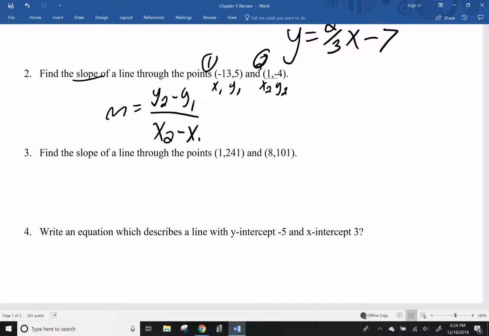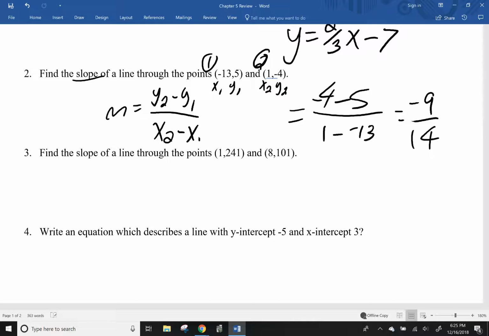So plugging those numbers into my formula, I'll have -4 minus 5 over 1 minus -13. So this becomes -9 over 14, because 1 minus -13 is 1 plus 13, and that makes 14.